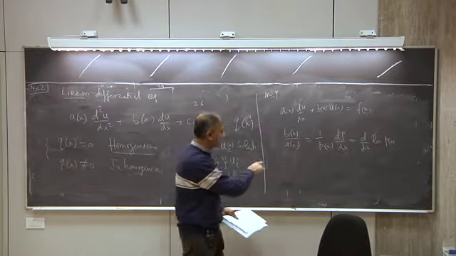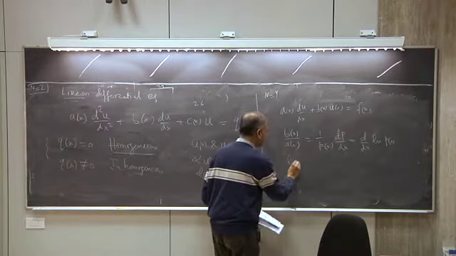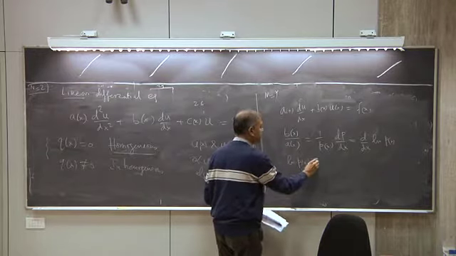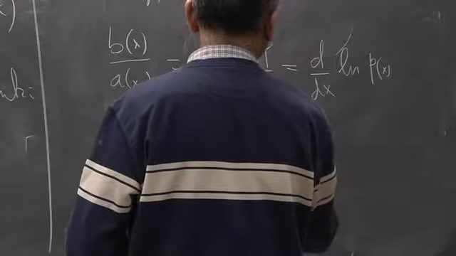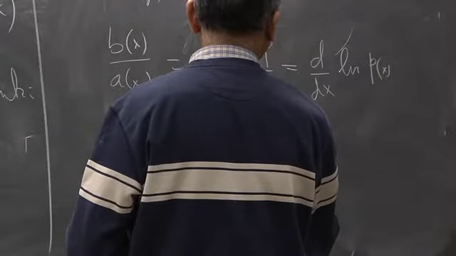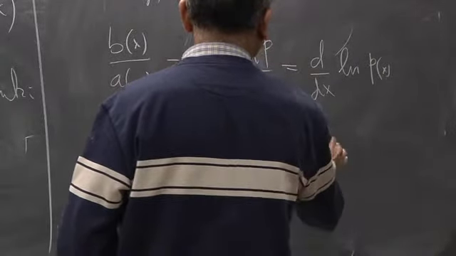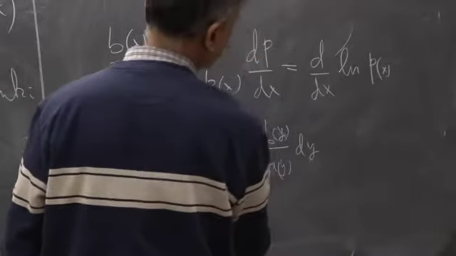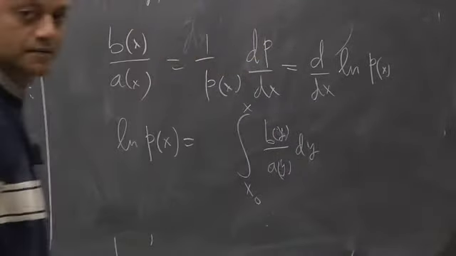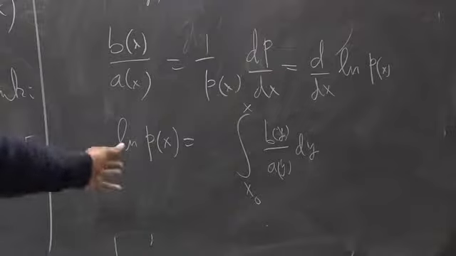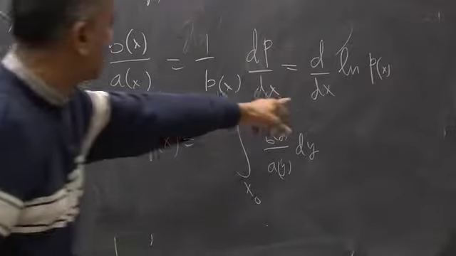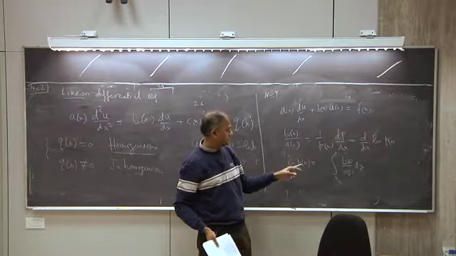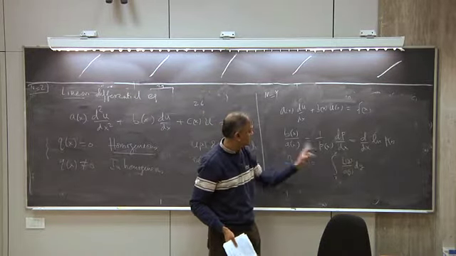So I can solve this, for example: log of p of x is just the integral of b of y over a of y, dy, from some fixed point x naught to x. This is the solution. Just look at this: if you take d by dx of that, you just get this, right?